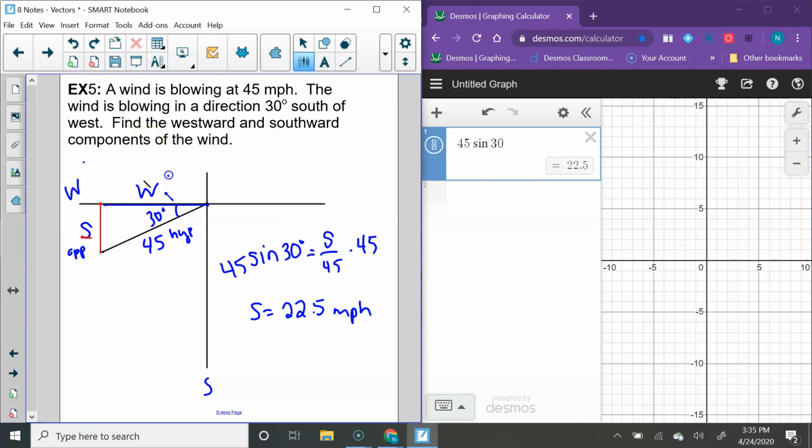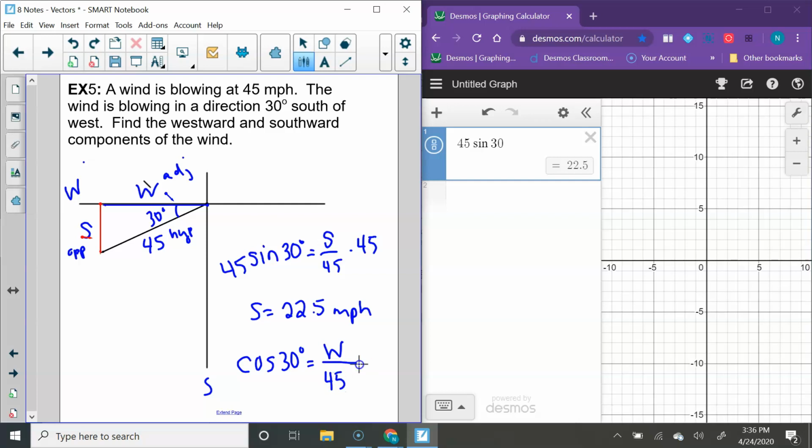Westward here is the adjacent side over here. So for adjacent, you could use tangent, but I'm going to use cosine because I know hypotenuse is 45 and I don't have to round for that. So adjacent over hypotenuse is cosine. So I'll say cosine of 30 degrees equals the adjacent side, which is my westward component, over my hypotenuse, which is 45 right here.